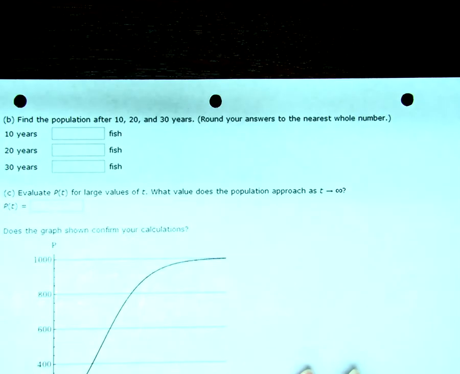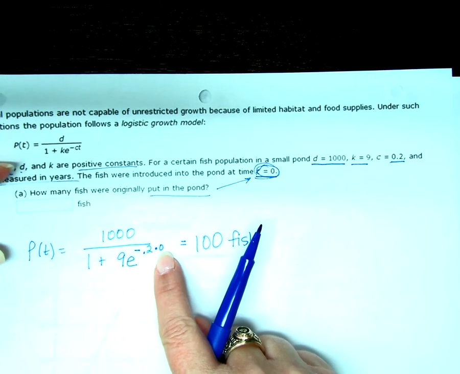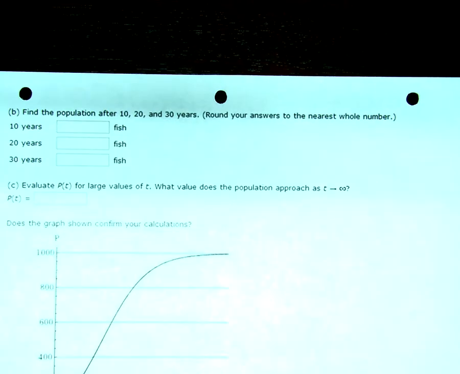One last example here. Okay? Still part of the same kind of problem, but this time we are finding the population after 10, 20, and 30 years. So we're using the same formula from before, right here, but instead of putting in a 0, we're putting in first a 10, and then a 20, and then a 30. Okay?